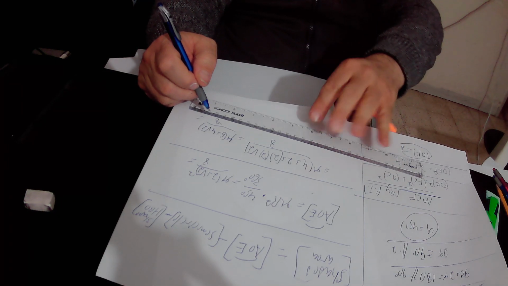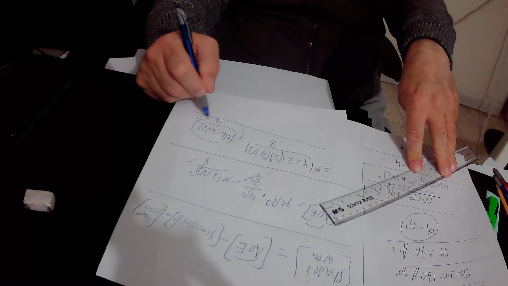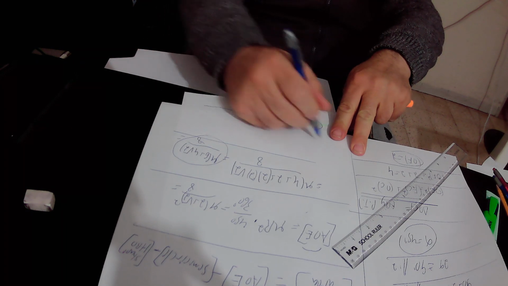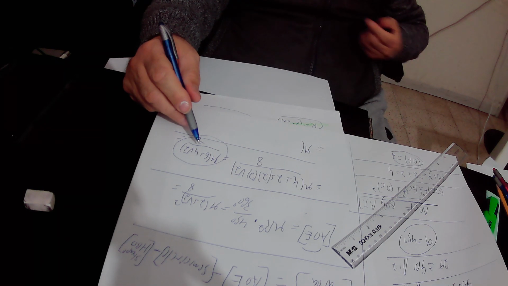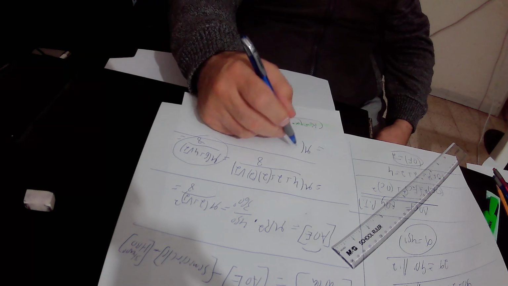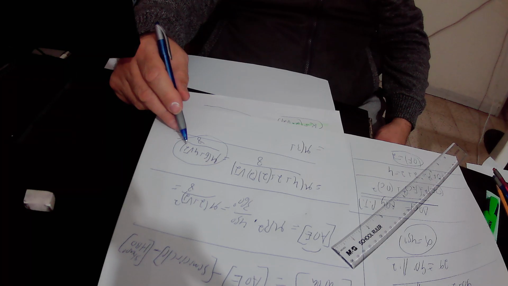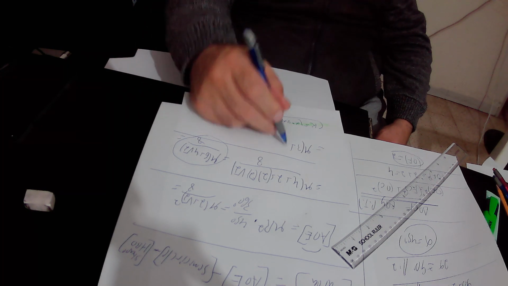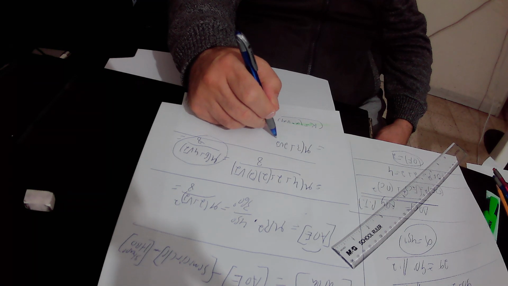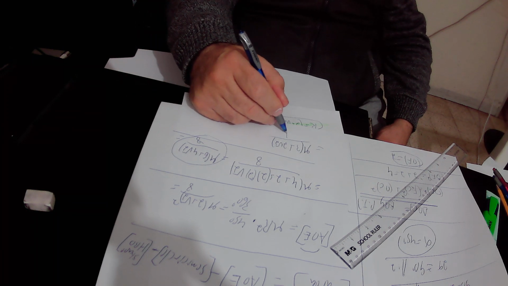Here we'll divide both the numerator and the denominator of this expression by 2, and what we get is pi, and inside the brackets in the numerator 6 over 2 is 3, plus 4 times the square root of 2, where 4 over 2 is 2, so in the numerator we have 2 times the square root of 2. We also divide the denominator 8 by 2, and 8 over 2 is 4.